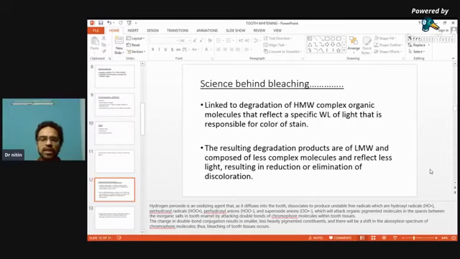So different unstable free radicals are formed when oxidization takes place.